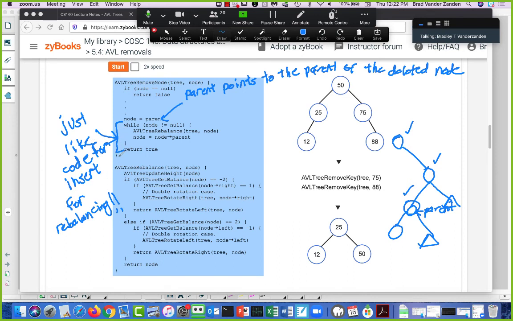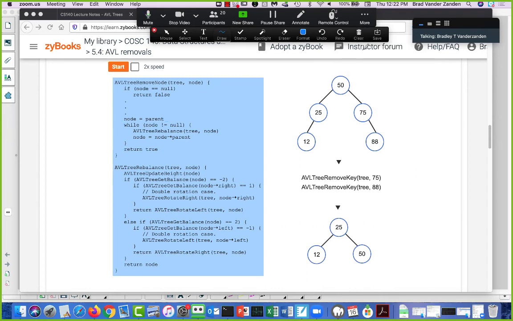Exactly the same. Now the only difference, there's one difference. Remember I said that for insert, you are done after one rebalancing. That's not true for deletes. For deletes, multiple nodes may have to be rebalanced.